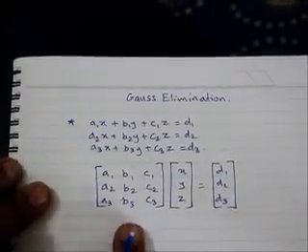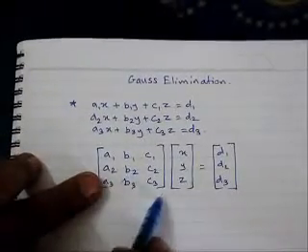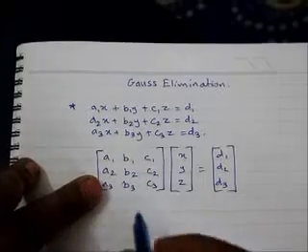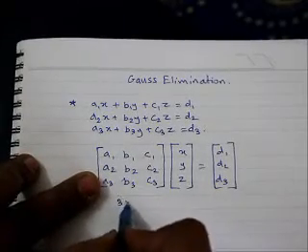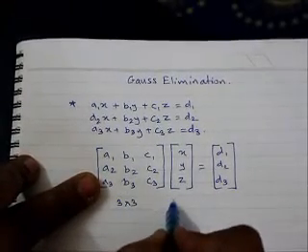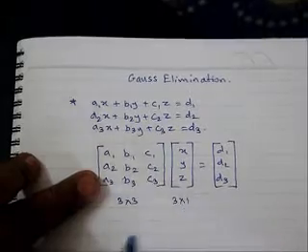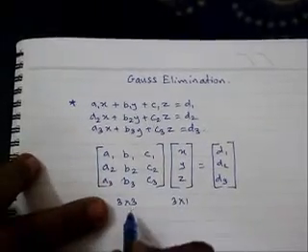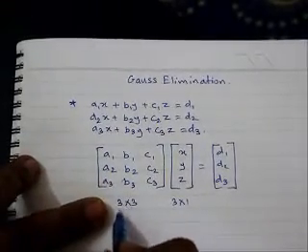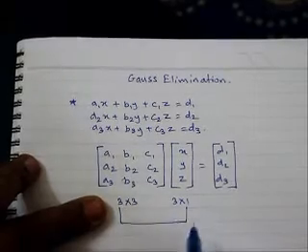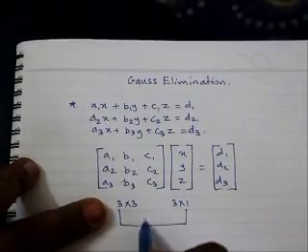Now what we are seeing here are 2 matrices. This matrix is a 3 by 3 matrix, and this one is a 3 by 1 matrix. When we multiply these, we'll have another 3 by 1 matrix.